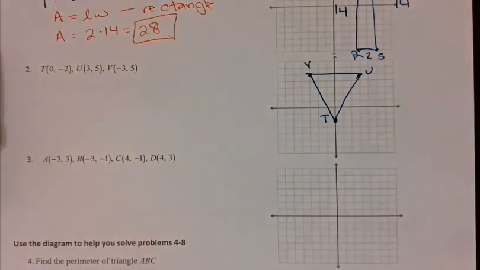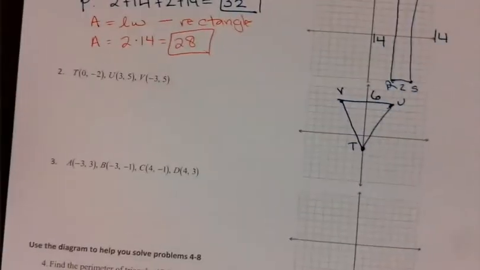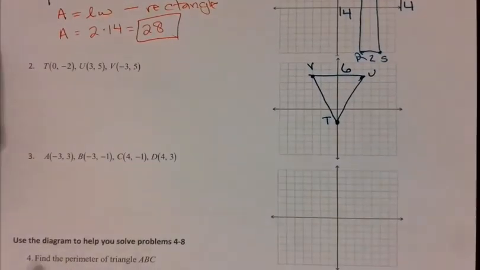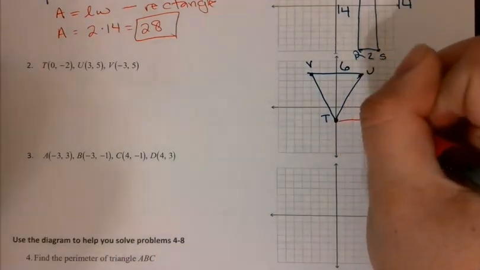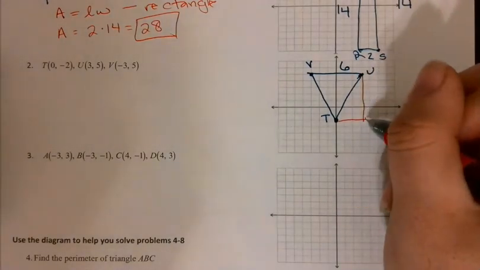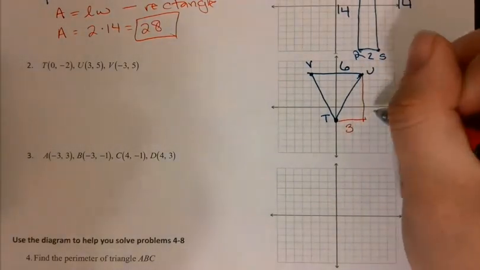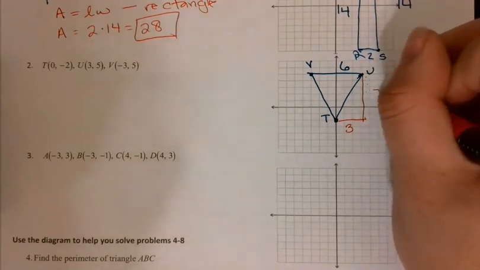So I can count the straight across line. That's going to be 6. For TV and UT, I need to find my side length. I am going to use the Pythagorean theorem here. So I have, this is 3 over and 1, 2, 3, 4, 5, 6, 7.